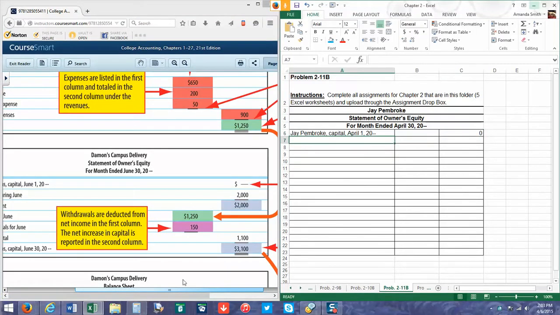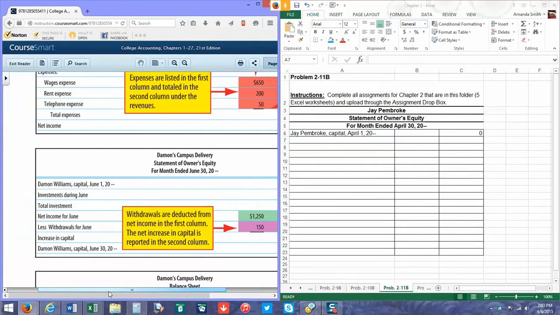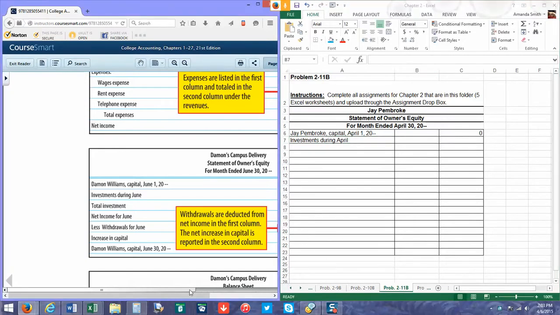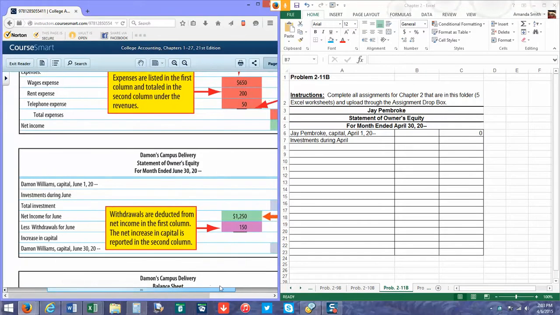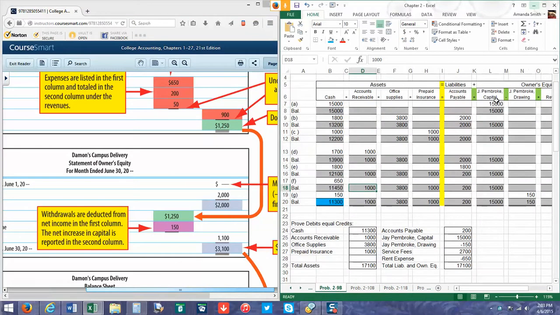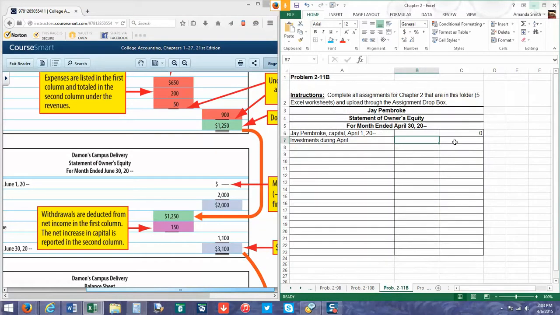Then we're going to put our investments during April. That's how much we invested in the company. If you go back to 2-9, we invested $15,000. So we're going to put 15,000.